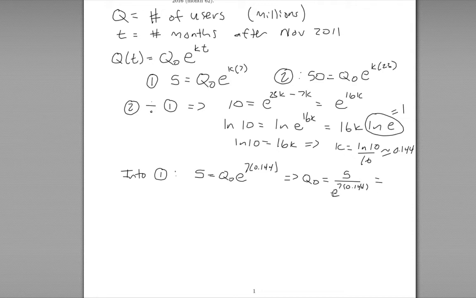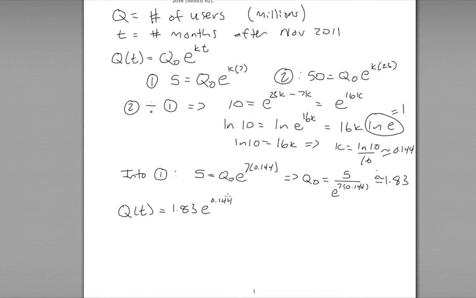If I put that into a calculator, I end up with Q naught approximately equal to 1.83. So now that I have Q naught and k for our specific data, I can build the exponential model to be Q at month t is equal to 1.83 e to the, and what is k in our case?